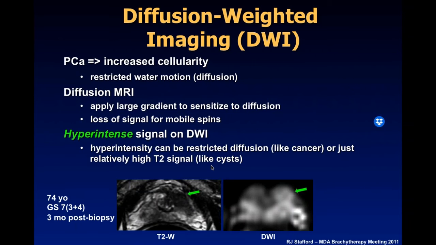Here we have diffusion-weighted imaging to help us further define the location of where the dominant lesion is located. This is hyperintense signal on DWI. You can see the hyperintensity is initiated by restricted diffusion. And you can see on the DWI that this then lights up.